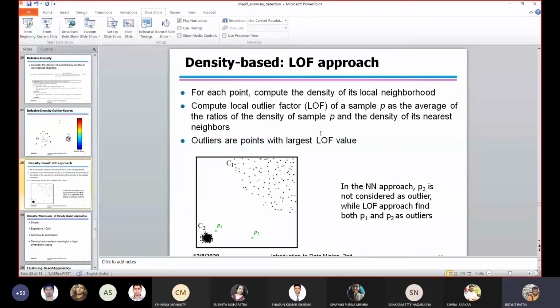This work was introduced in 2000, published in SIGMOD. It is really a seminal work in outlier detection. People are still using it, and if you want to develop some outlier detection technique, you need to compare your results with this technique.